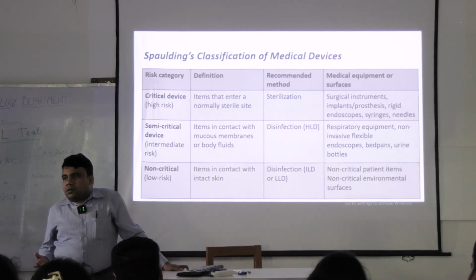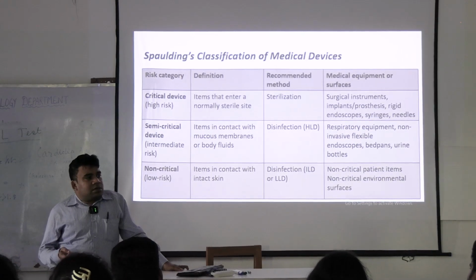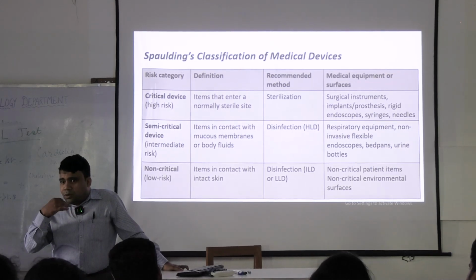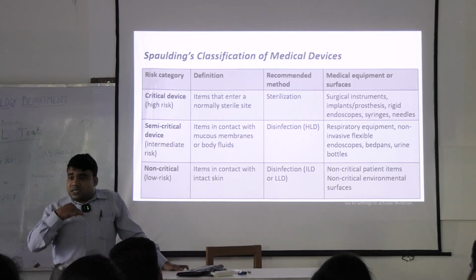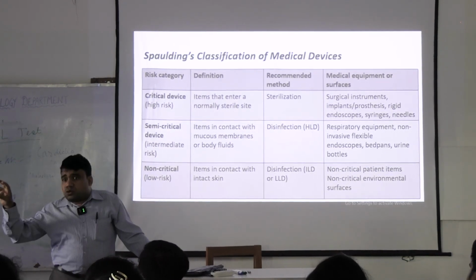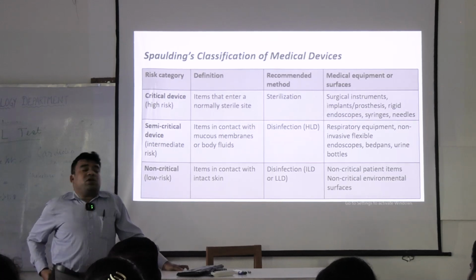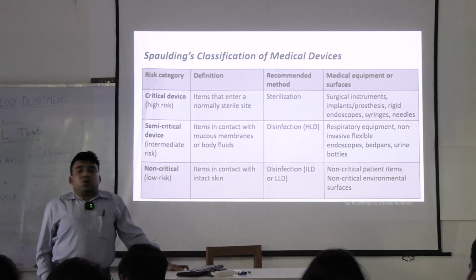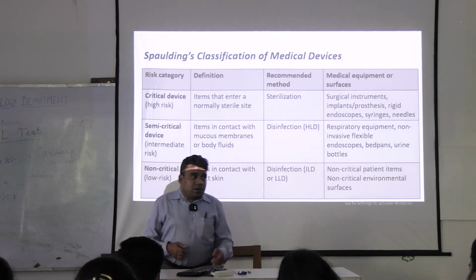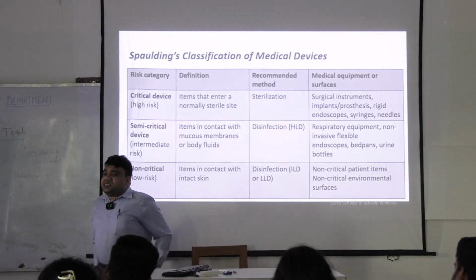No. Very simple, a thermometer, when used under the armpits, not in the mouth. It could be an ECG probe that is used on the skin. It could be the stethoscope. These are non-critical items. So, we can easily clean them with isopropyl alcohol that is commonly available. That is a low level disinfection.